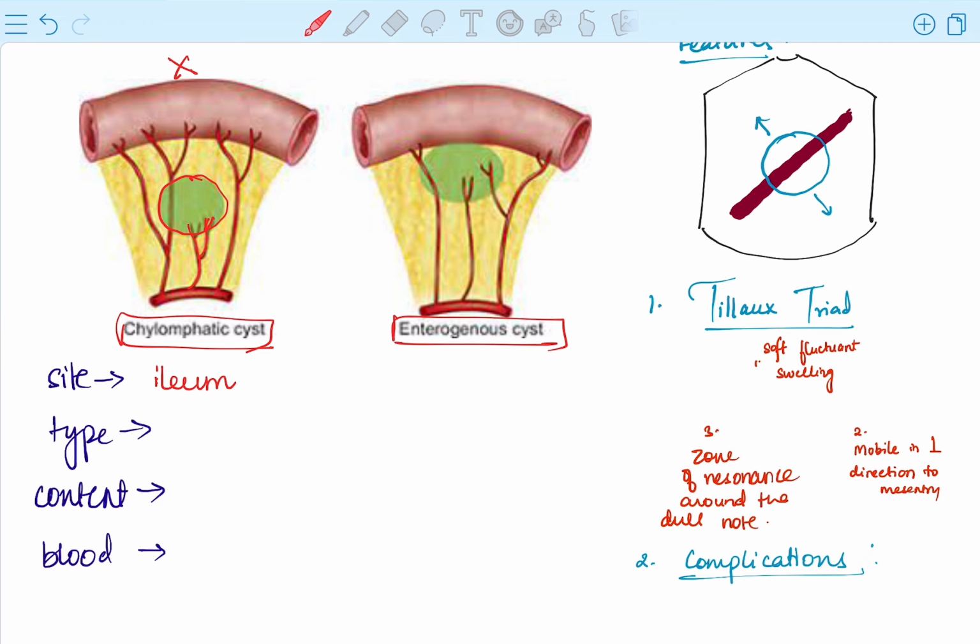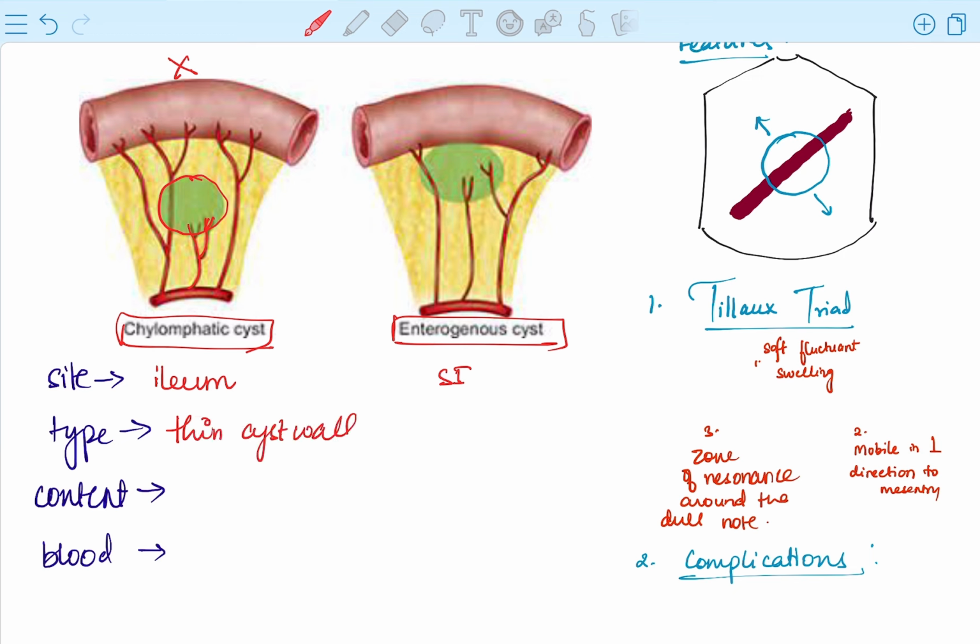Whereas the enterogenous cyst you can see involved with the small intestines, right? So it can involve any part of the small intestine. And what type of cyst can it be? Since the chyle-lymphatic cyst does not contain any part of bowel, it forms a thin cyst wall.